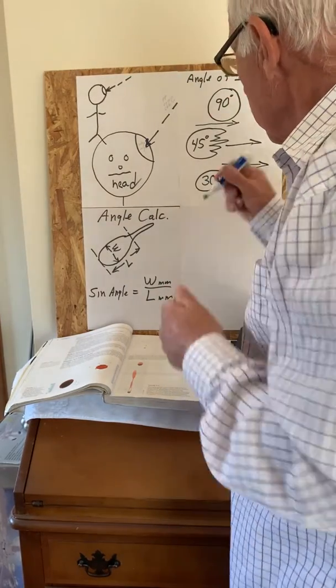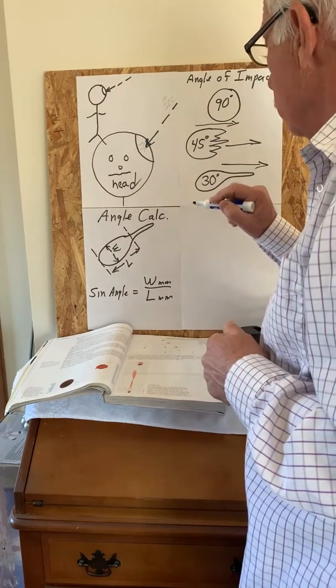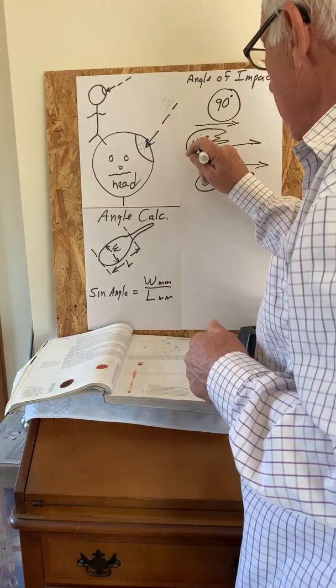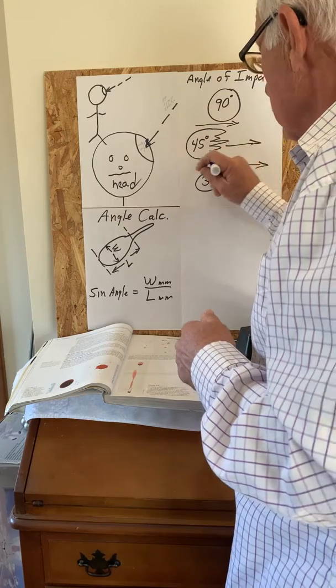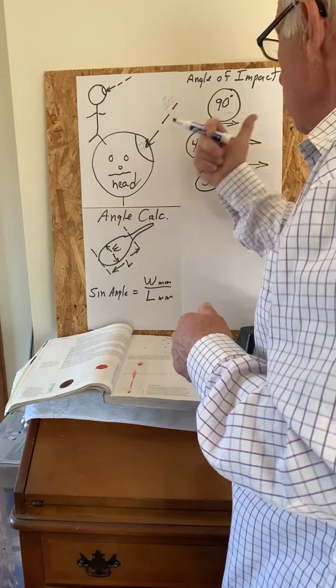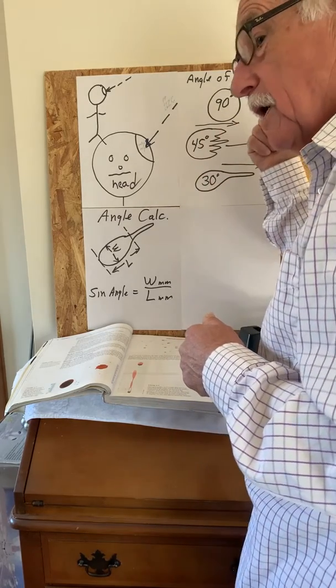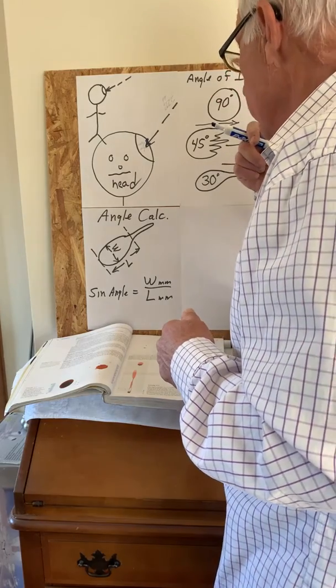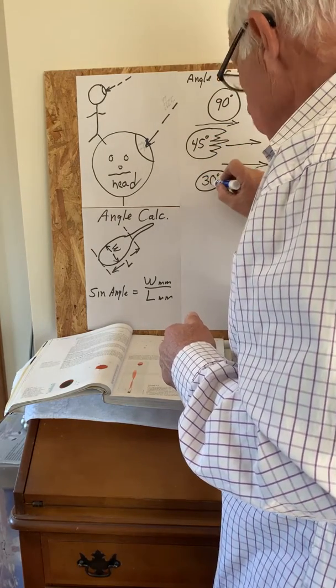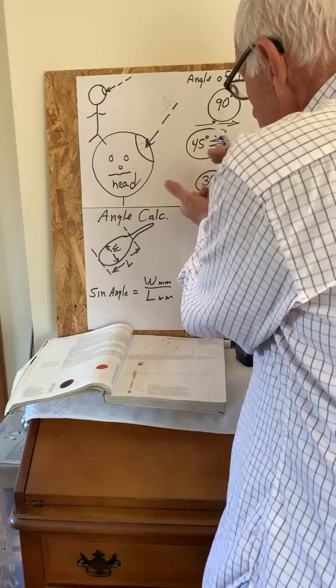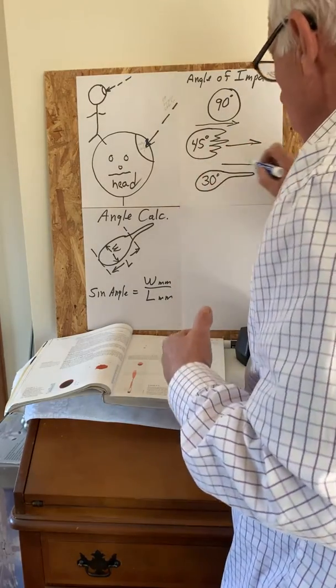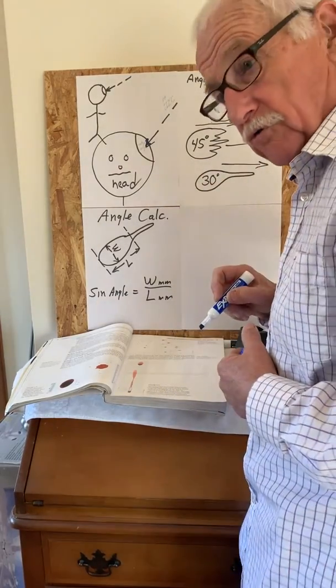So that means that this is 45 degrees. Notice that these little spikes are going out, pointing in the direction that the blood has been moving. And this is 30 degrees, more elliptical, again showing you that transport direction.